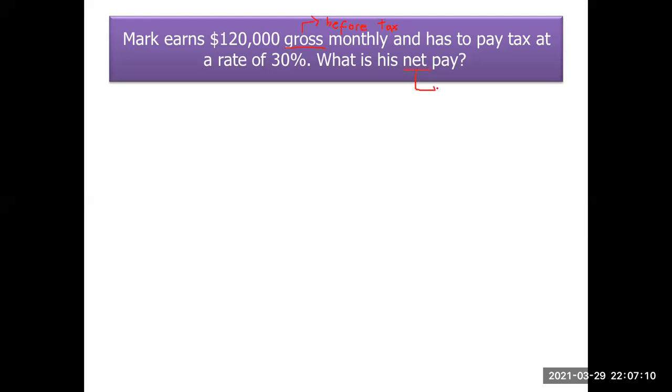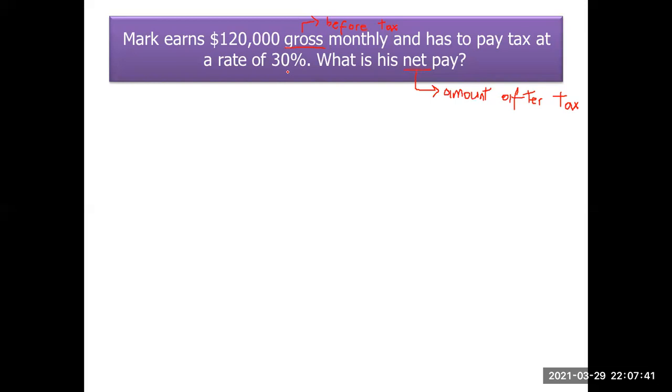Net pay is the amount after tax. So that's the amount after tax. All right. And what's the tax? 30%.